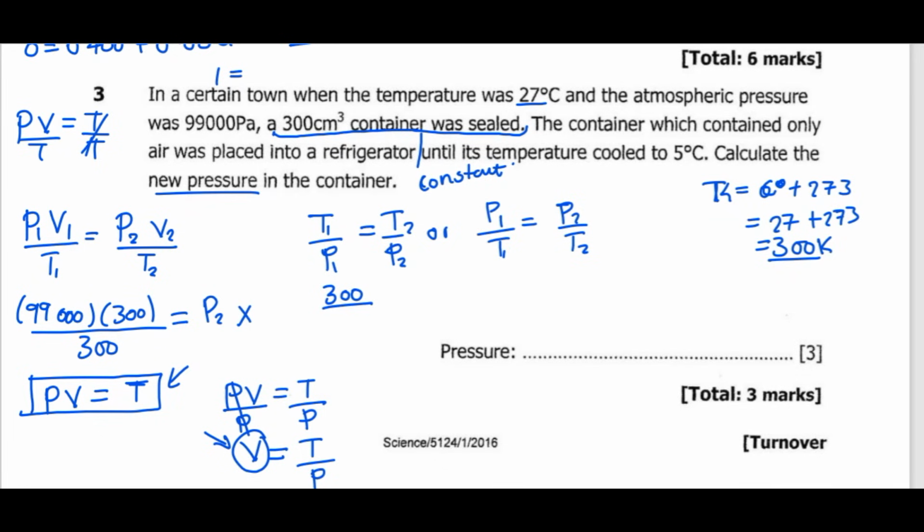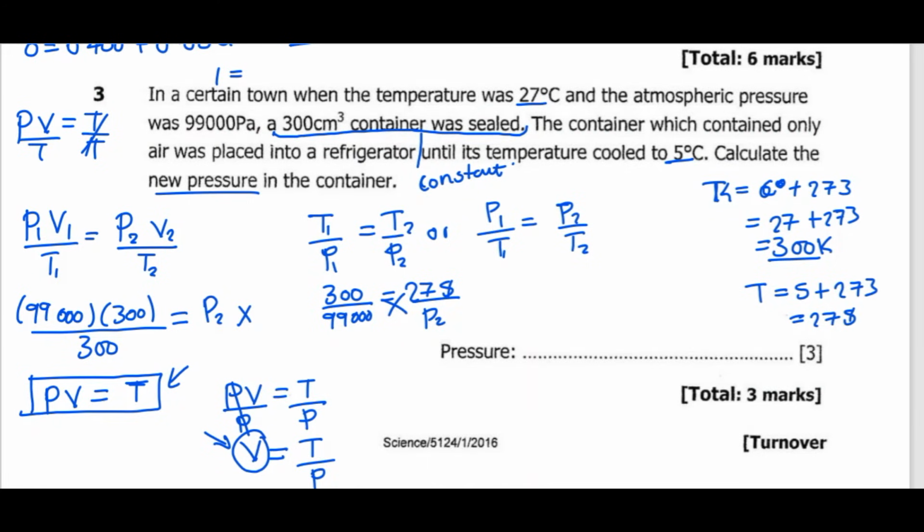Pressure 1 is 99,000. Temperature 2 is 5 degrees, so we can convert. So 5 plus 273, which is 278. So temperature 2 is 278 over pressure 2.